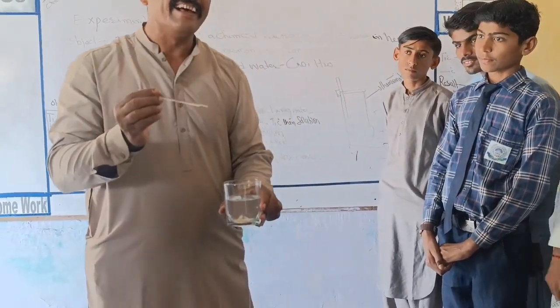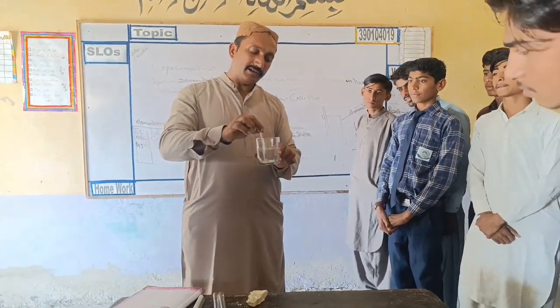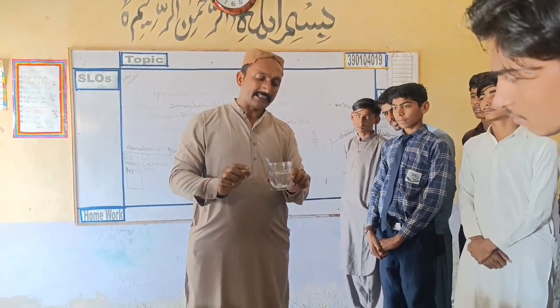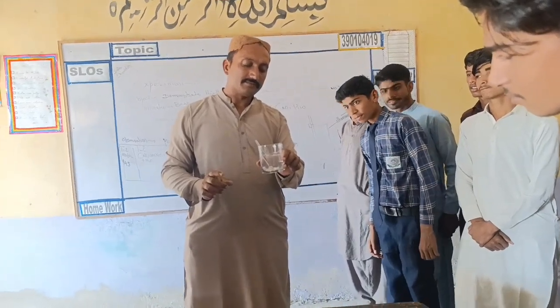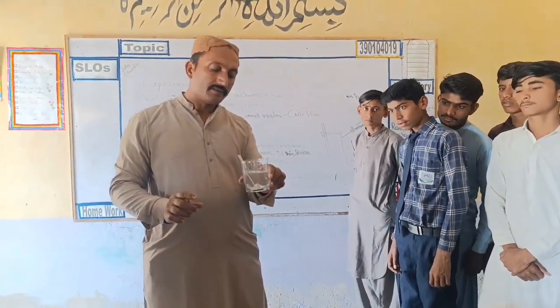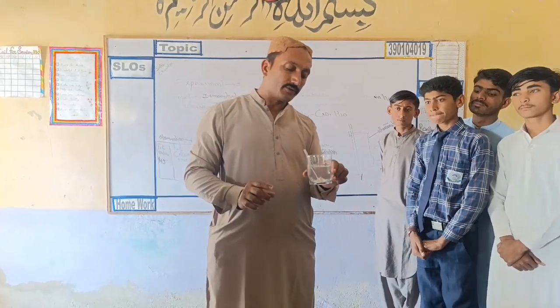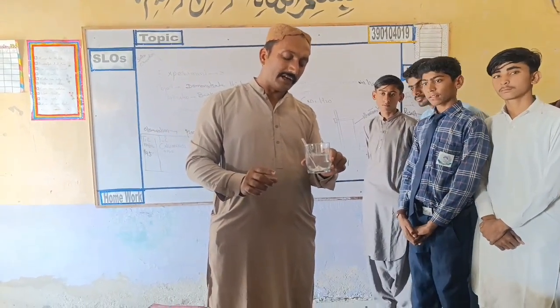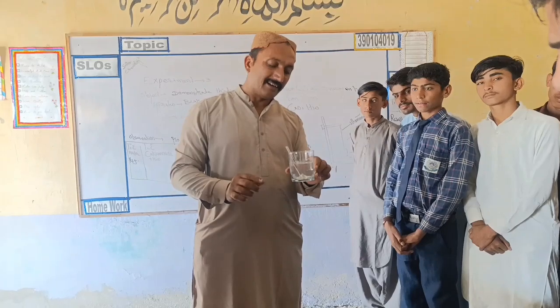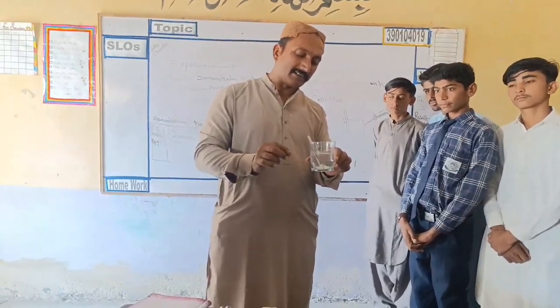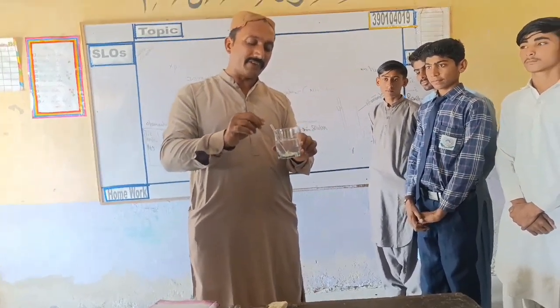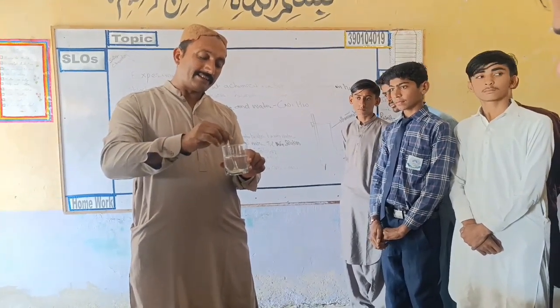Find the second reading T2 in our calcium oxide solution. It takes some minutes for the temperature to rise when calcium oxide is added to water to give calcium hydroxide, and it releases some amount of energy in our chemical reaction.